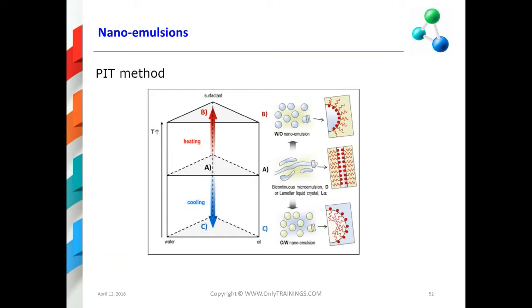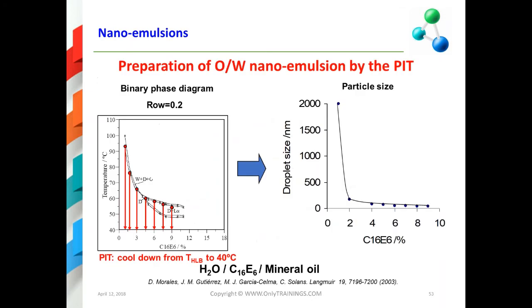So in all cases, the PIT method is valid only for ethoxylated surfactants, as their affinity for both oil or water depends on the temperature, due to the dehydration of the ethoxylated part of the surfactant.